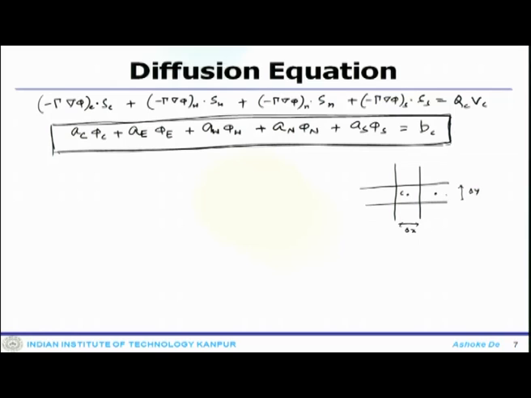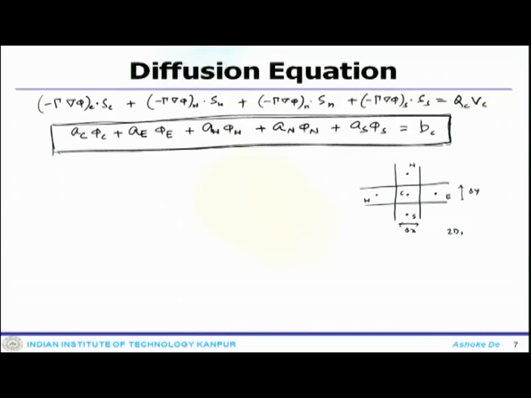Ahead of it the element is E, behind that element W, on top of that north, and underneath of that south. So, these are the surrounding elements sitting alongside that particular element, and we have these uniform distances.